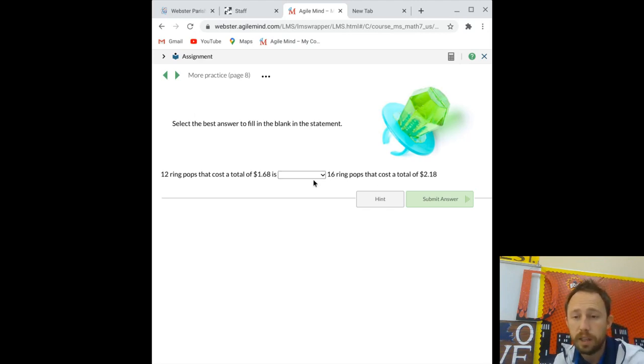Correct. And why was that? Because the 12 ring pops cost more per ring pop than the 16 did. Great job. Angel S., can you restate what she said? So she said she took $1.68 divided by 12 and $2.18 divided by 16.